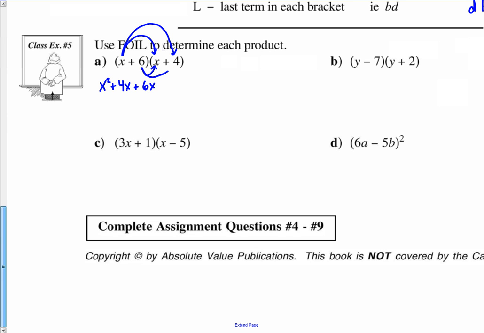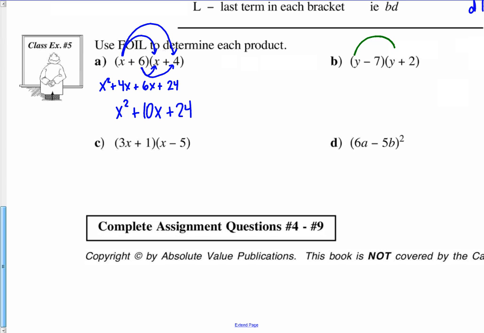And now the 6 times the 4, plus 24. Is it that hard? No. We'll go through a couple more. So X squared plus how many X's? 10X plus 24. So it's just like the distributive law that you're used to before, except with a binomial times a binomial, we do it twice.